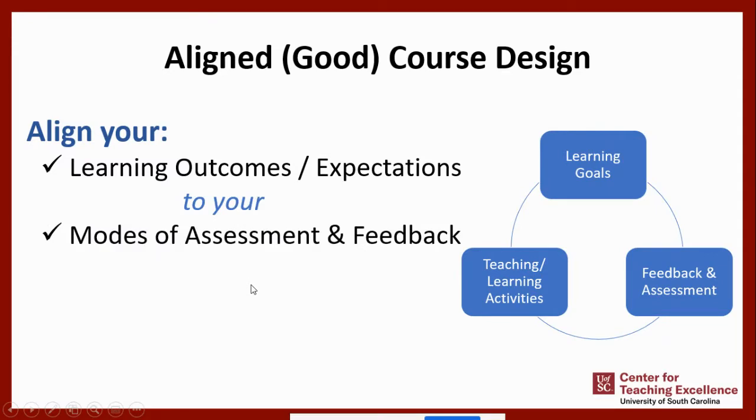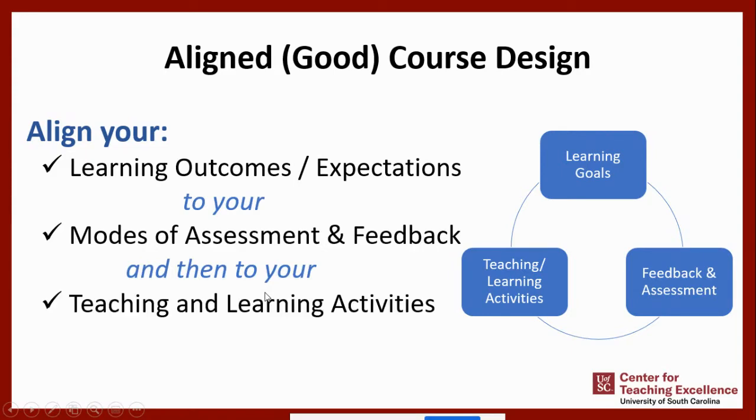How do you assess whether students did learn and achieve those learning outcomes, and how are you going to give them feedback on that? And that actually is an important step, and we'll touch on that a little bit more in just a bit. And then you want to make sure that that is also aligned to what you do and what the students do in class. The assessment is assessing the learning, the activity is what they're doing in order to achieve that assessment.